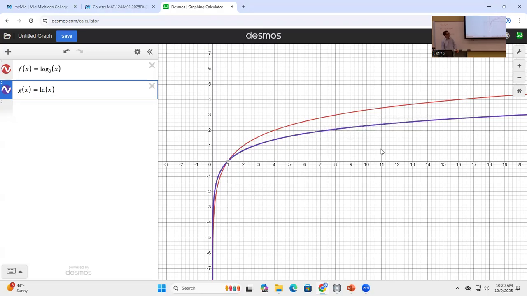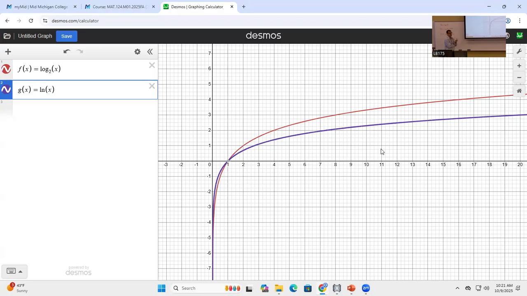But as you can see, as you move to the right, while it grows forever, it grows at a slower pace than log base 2 because our base is bigger. If our base is bigger, then we're growing at a slower pace. Okay. Does everybody understand that?